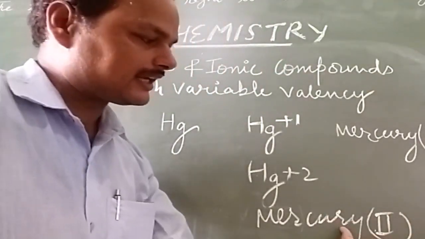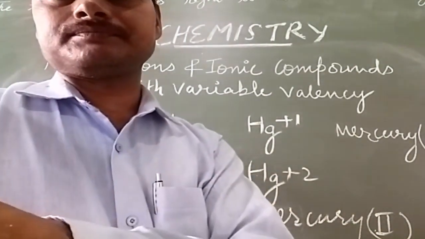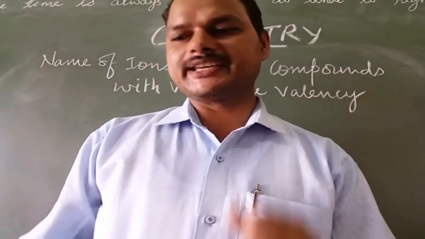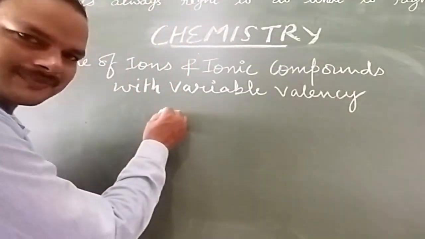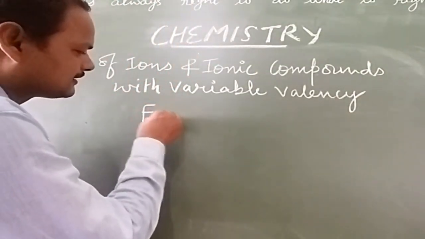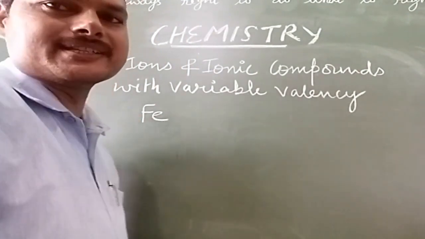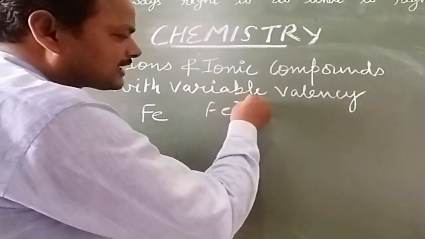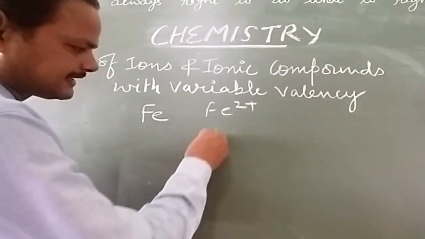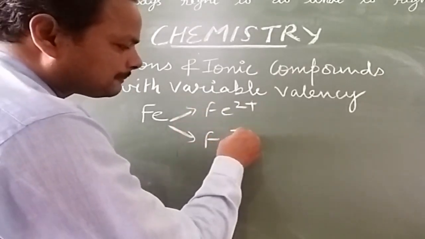This is the name in the new convention. Now I am taking some more examples. For example, Fe. Fe means iron, and it can also show two valencies, Fe plus 2 and Fe plus 3.